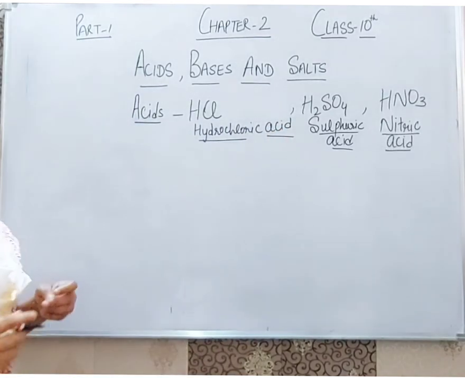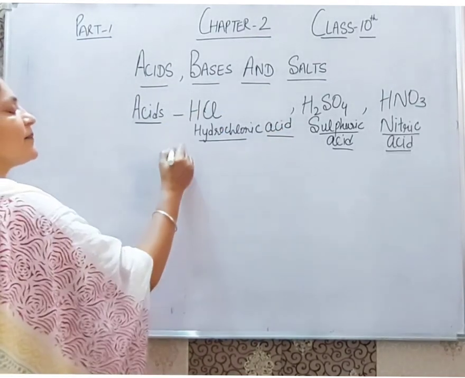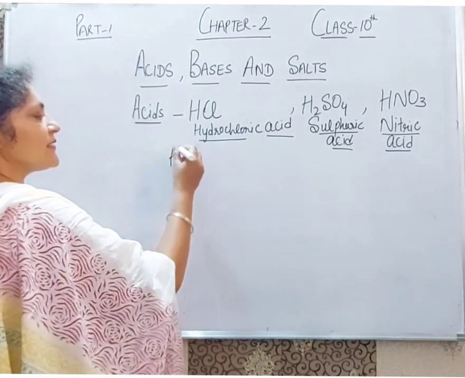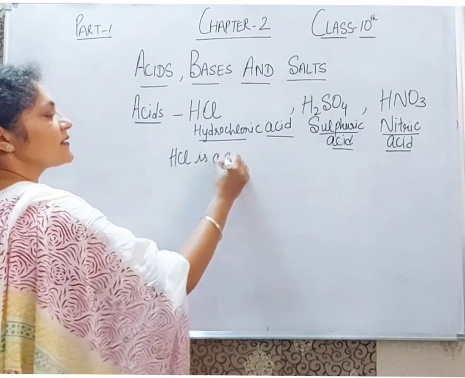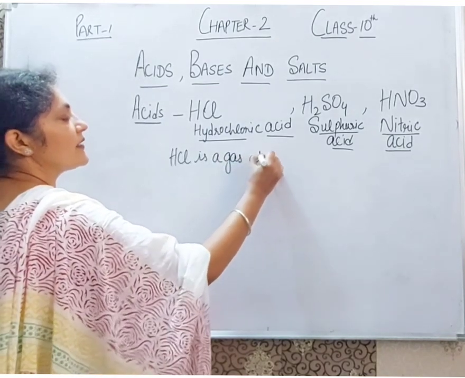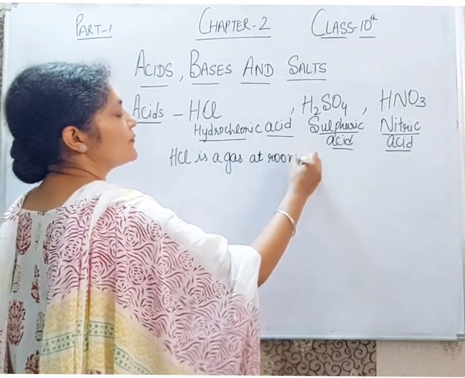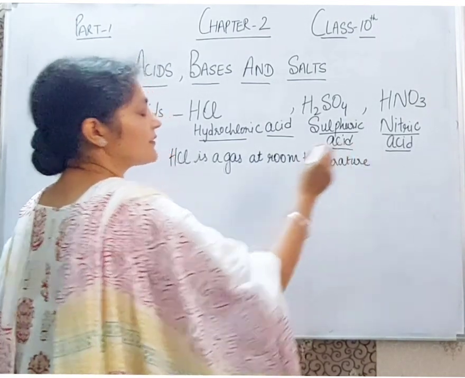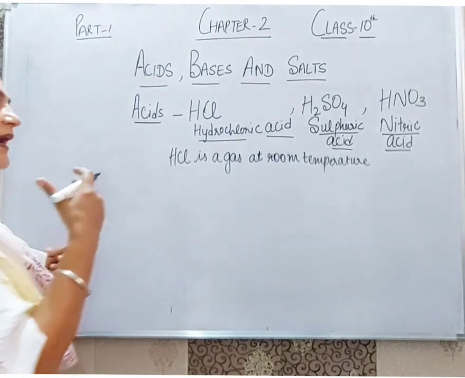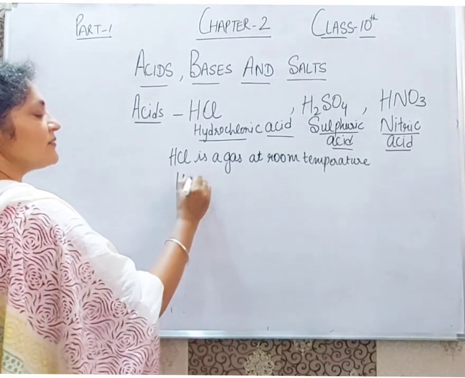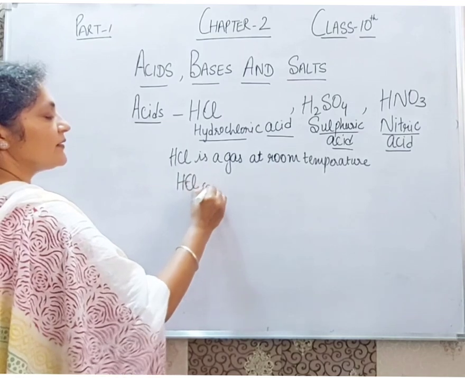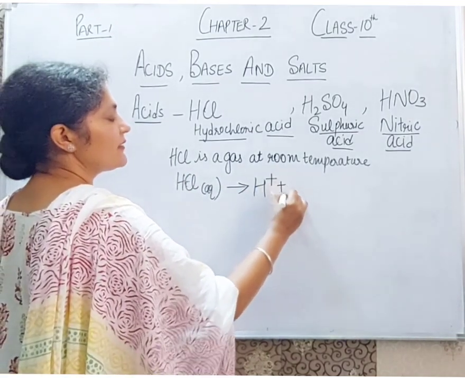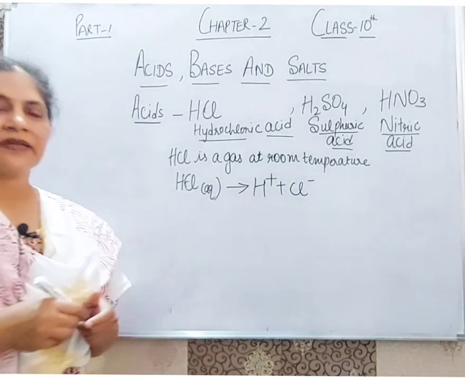Why are they acids? Because HCl, hydrochloric acid, is a gas at room temperature. When it is dissolved in water, if we take its aqueous solution, meaning dissolved in water, it will ionize to give hydrogen ion and chloride ion.